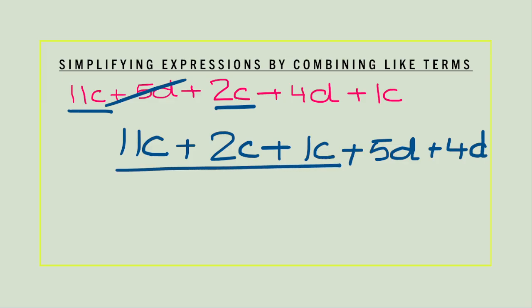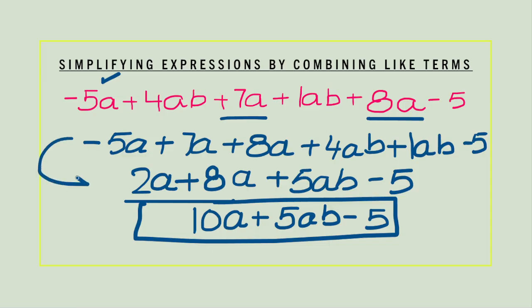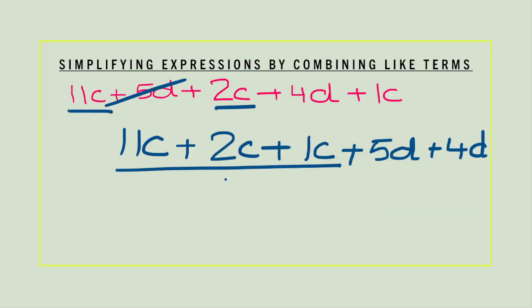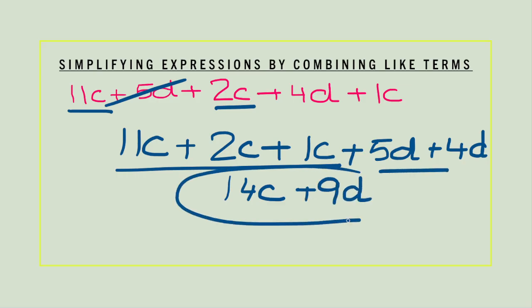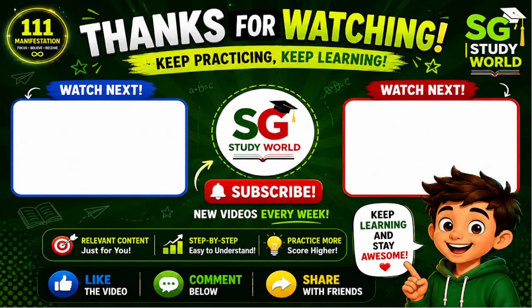In the previous question, we showed how to do it in two different steps. In this question, let's take a look at how we can do it in one step. 11 plus 2, 13 plus 1, 14c, and 5d plus 4d is 9d. So 14c plus 9d. I hope you all have understood this concept.